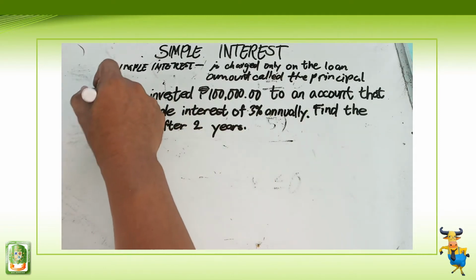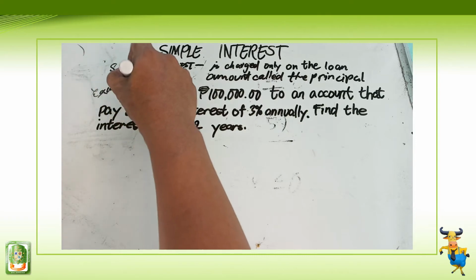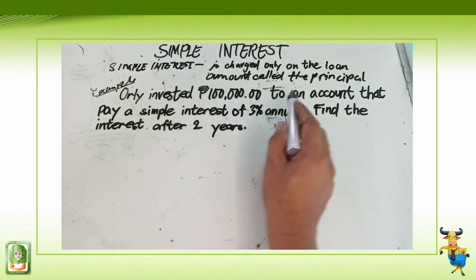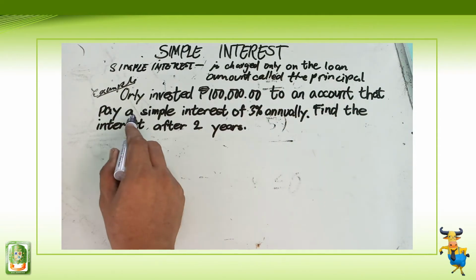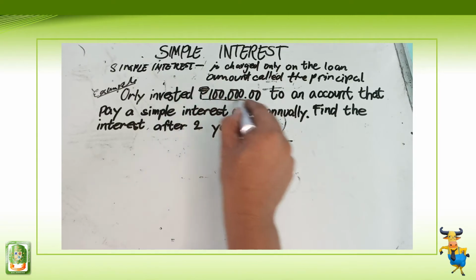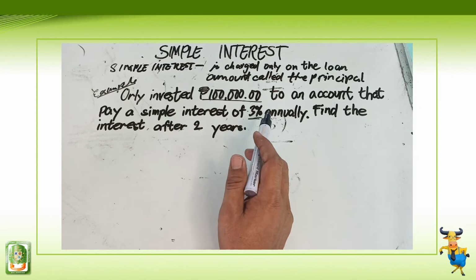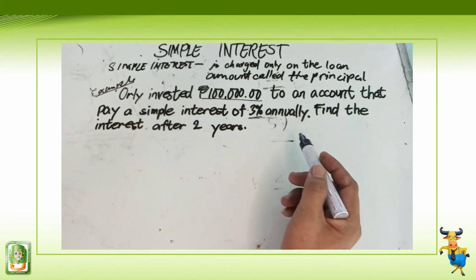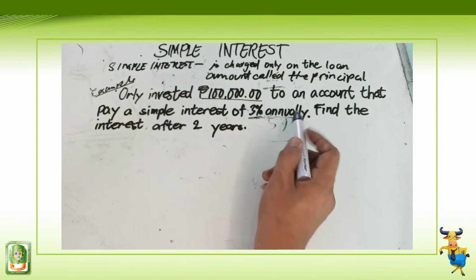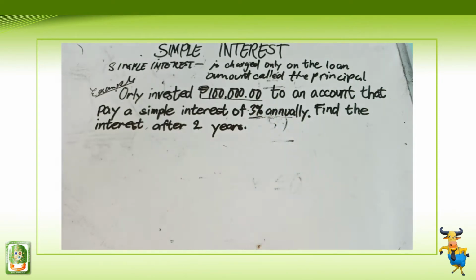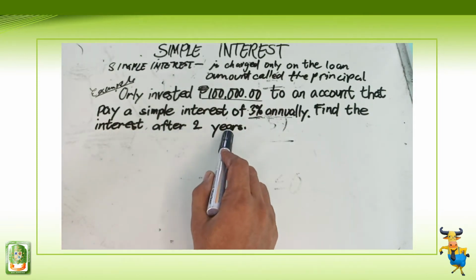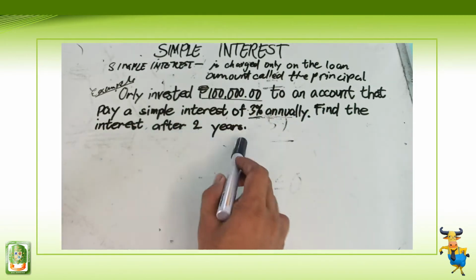This example: Early invested 100,000 to an account that pays a simple interest of 3% annually. Find the interest after 2 years.